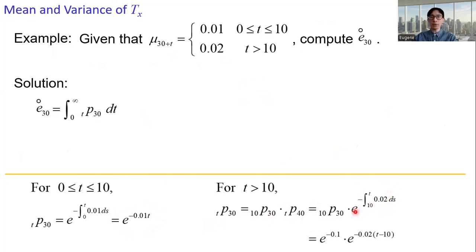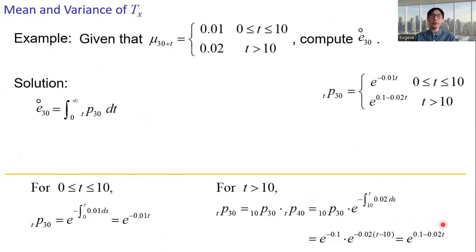So 10p_30 is e to the power minus 0.1, and doing the integral, the second term is e to the power minus 0.02 times (t minus 10). Upon simplification, for t greater than 10, tp_30 is e to the power (0.1 minus 0.02 t).